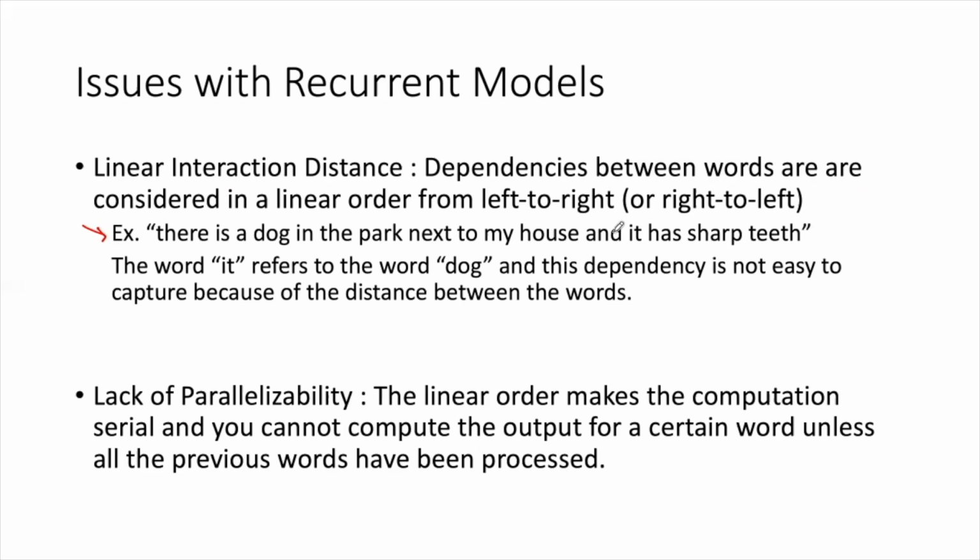Now, with the introduction of GPUs, parallel computation is really fast, but we are not able to exploit it because of this linear dependency. We have to go one word at a time, so we are not able to reap the benefits of GPUs. So these are the two main issues for recurrent models. Because of this lack of parallelizability, the training time also increases. So that's another effect.